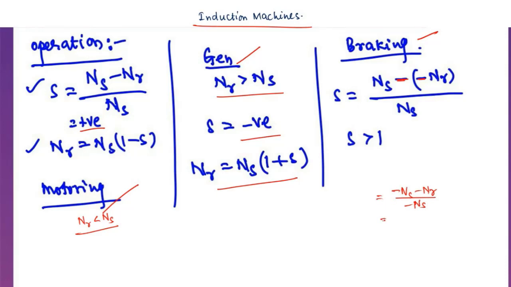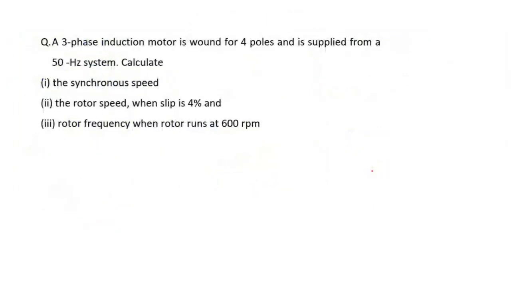If you take the minus common, then minus minus cancels, so you'll get ns plus nr by ns, which is greater than 1. So slip greater than 1 will happen in braking condition.